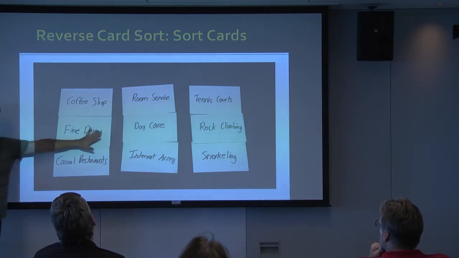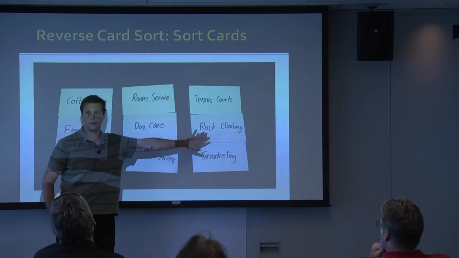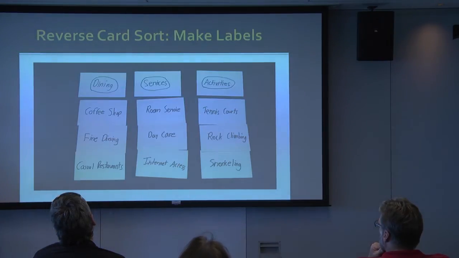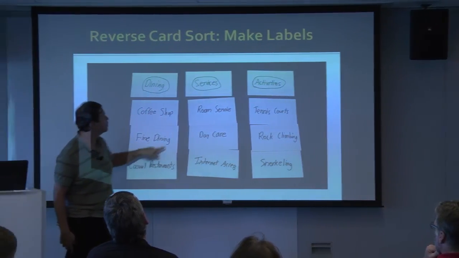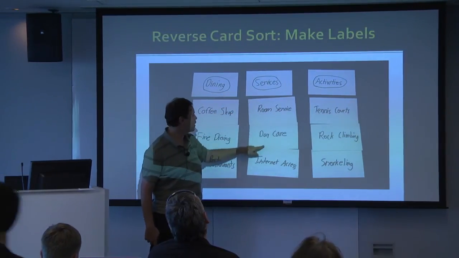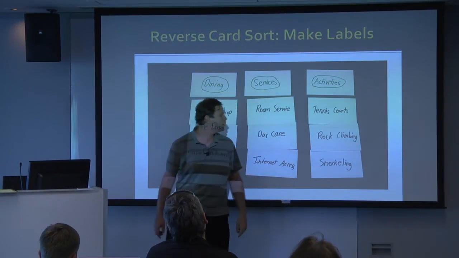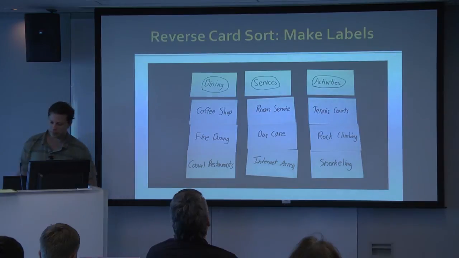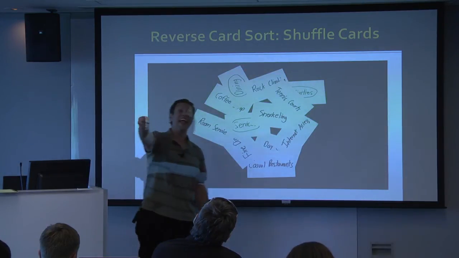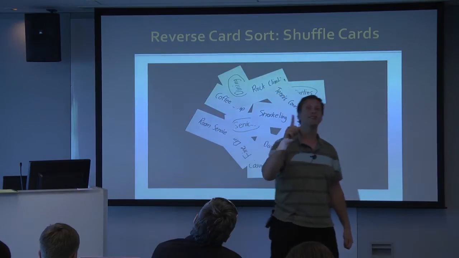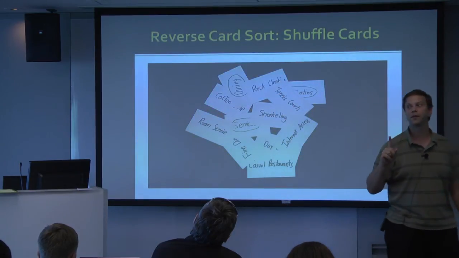You have them sort, just like with the card sort. Come up with categories. So I have dining, which has coffee shop, fine dining, casual restaurants; services, room service, daycare, internet access; activities, tennis, rock climbing, and snorkeling. And then you shuffle your cards, and you hand them to somebody else. And I wouldn't tell my students that part was coming.